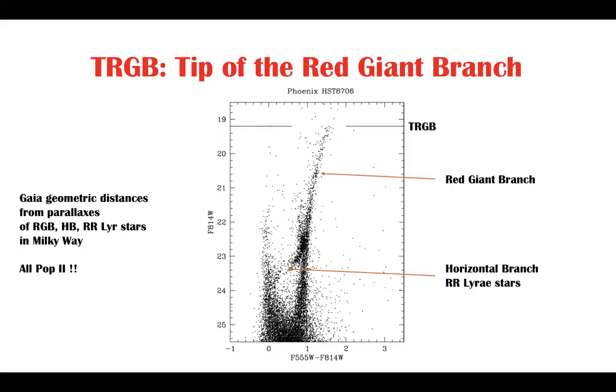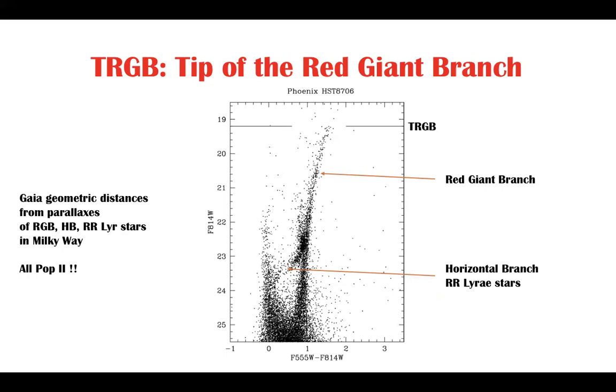Okay. So the whole concept then of the tip of the red giant branch as a way of getting distances. Here I've shown you a color magnitude diagram that comes from Hubble Space Telescope observations of, in this case, the Phoenix dwarf galaxy.